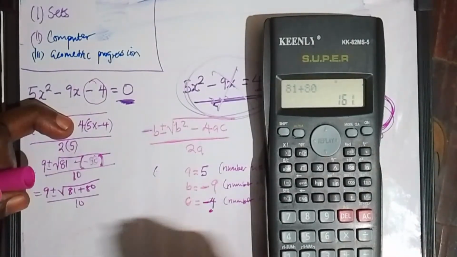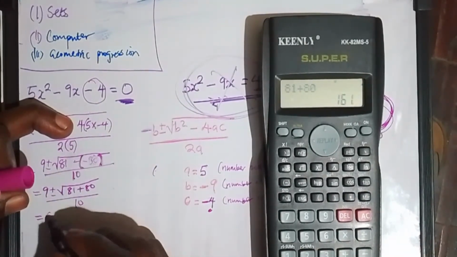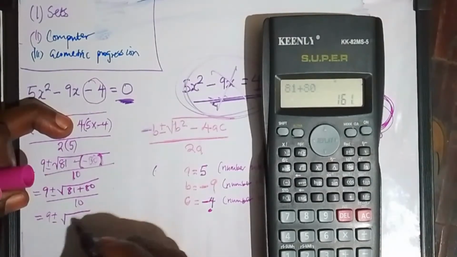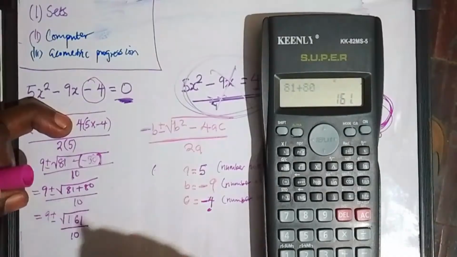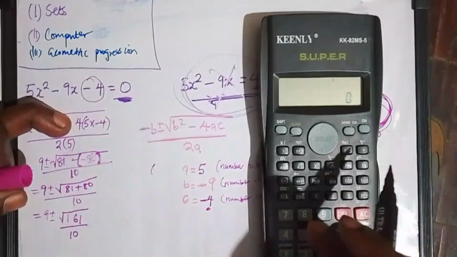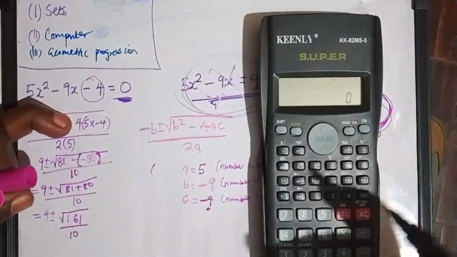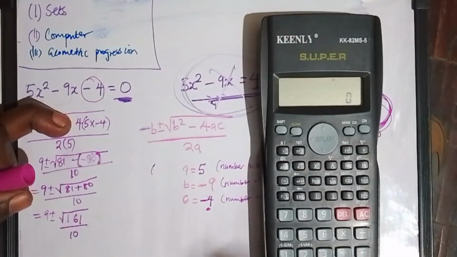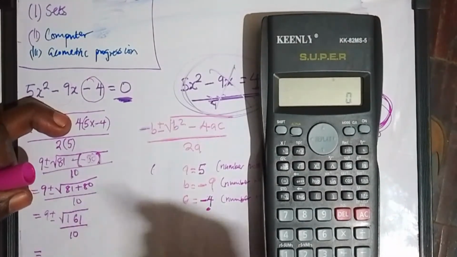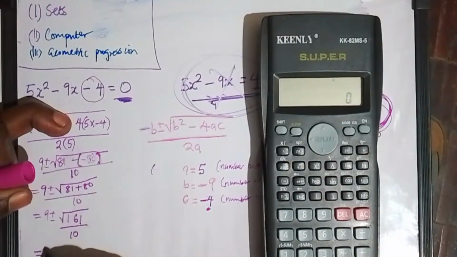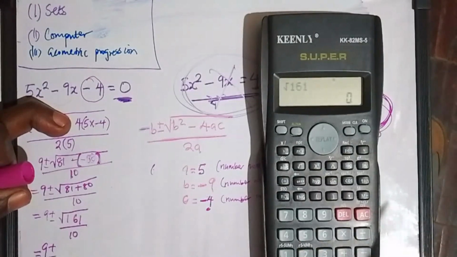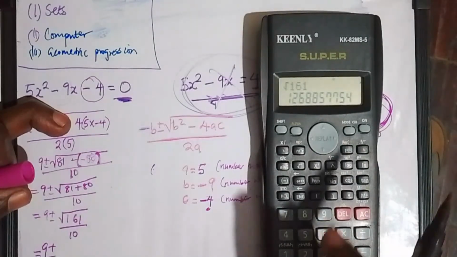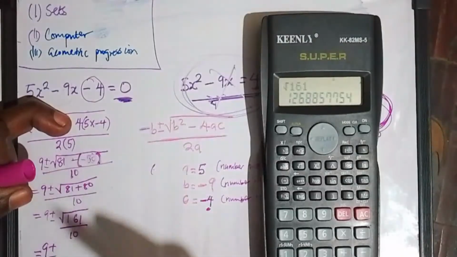Here you say 9 plus or minus the square root of 161 over 10. Now, what is the square root of 161?